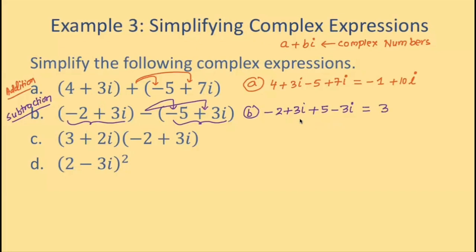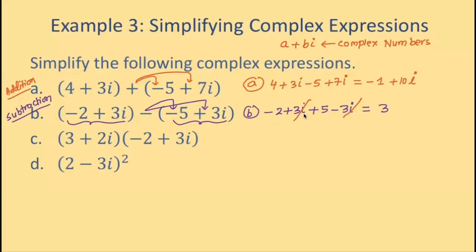And then you can see in this one, there is a 3i and minus 3i. How much is 3i minus 3i? 0i. So I don't have to write that 0, right? Because adding 0 doesn't change anything. So basically those two cancel. Positive 3i and negative 3i cancel each other. The result will be 0. So it is simply 3.